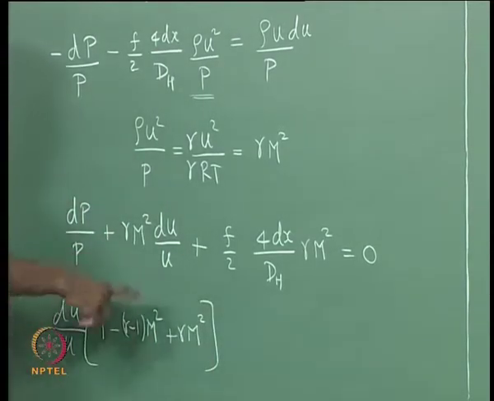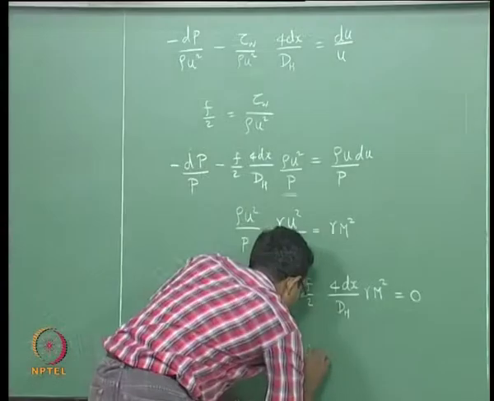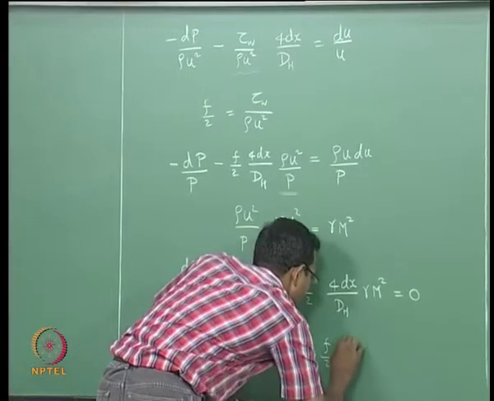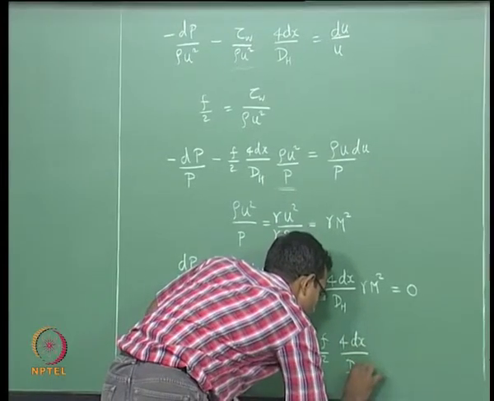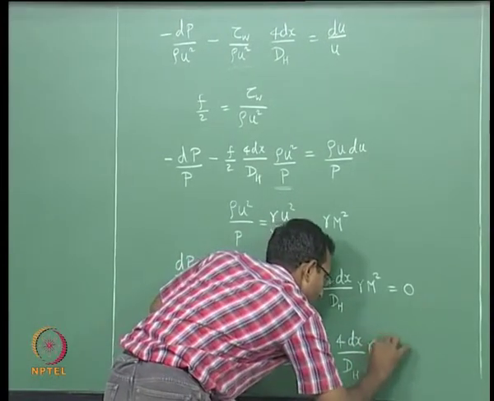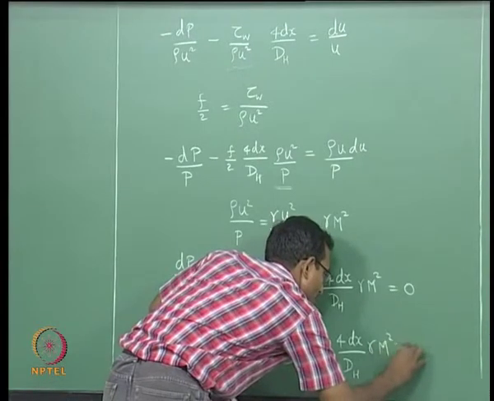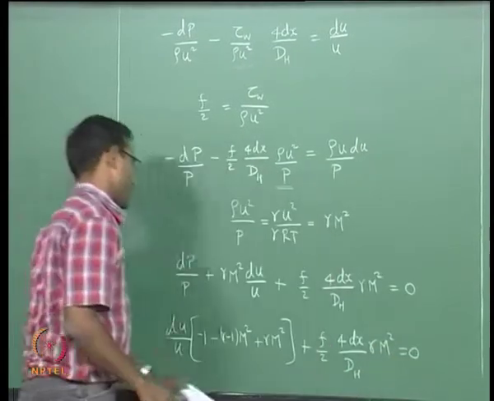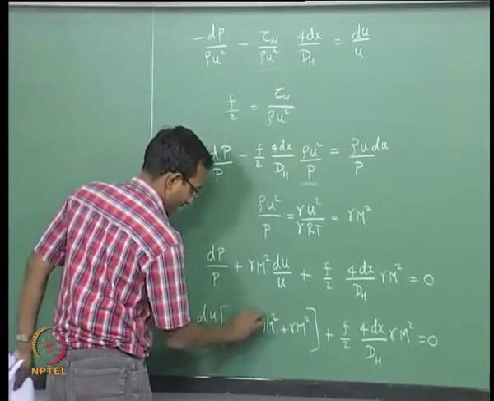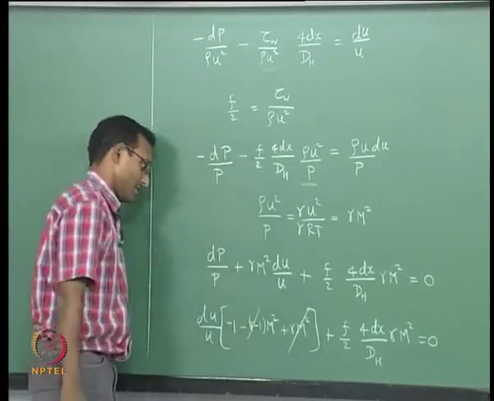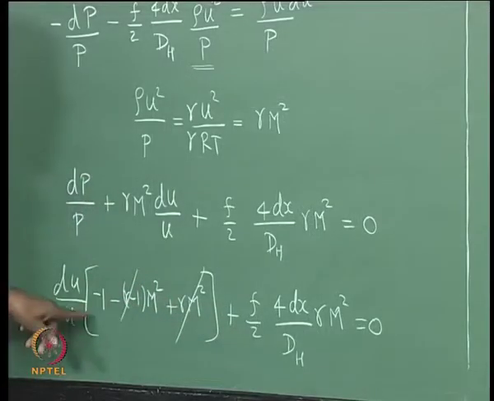These two terms together become this, and the other term I will leave as is. If you look at here, minus gamma M square and plus gamma M square will get cancelled. So I just have M square minus 1 in here finally. du by u times M square minus 1 is the only term left.